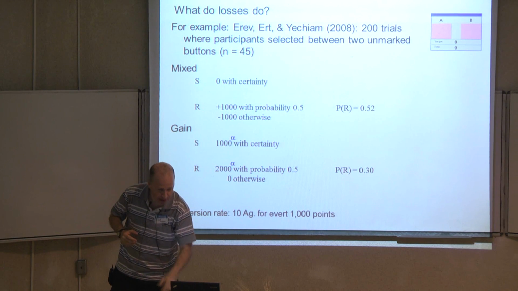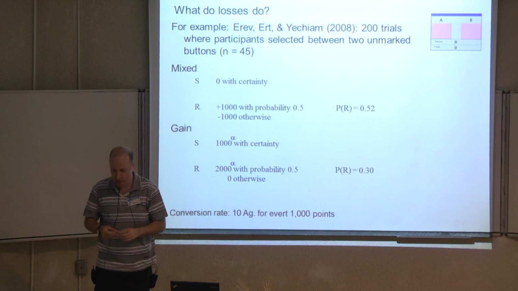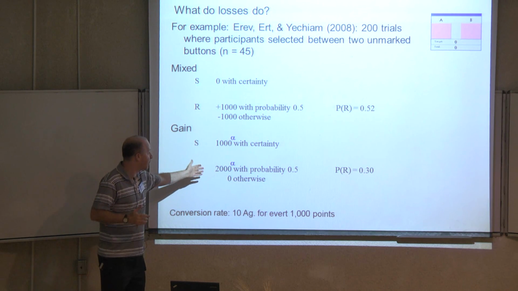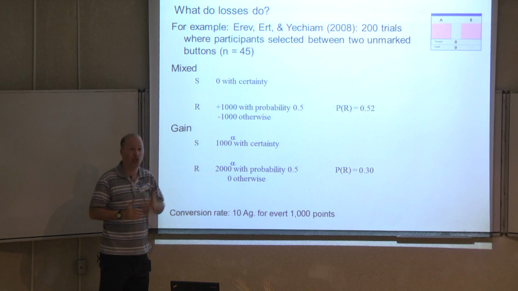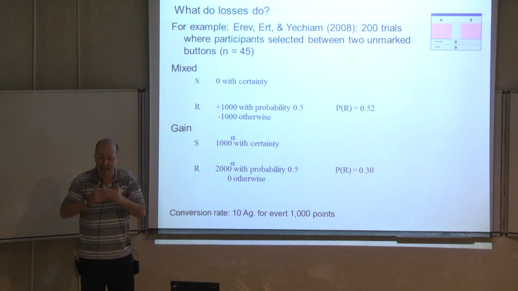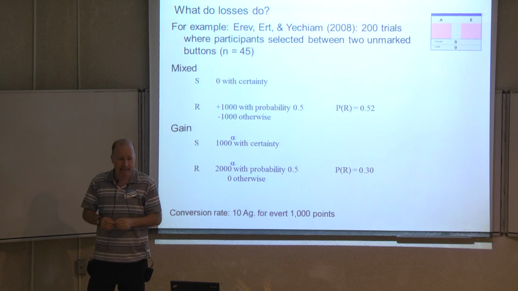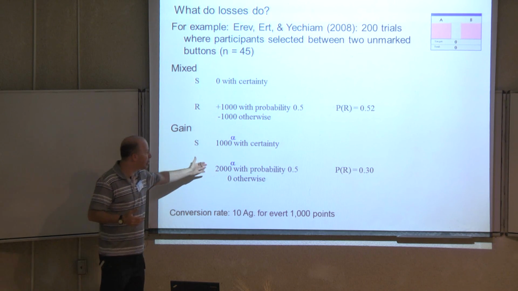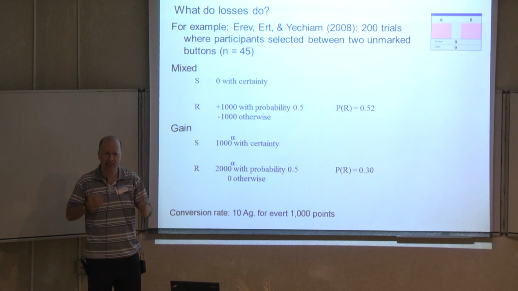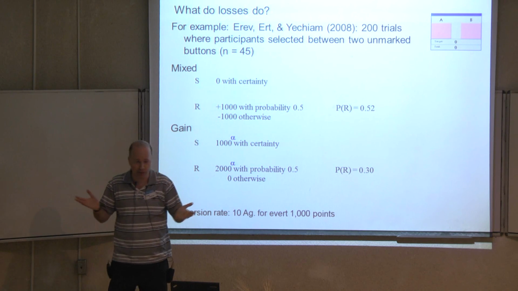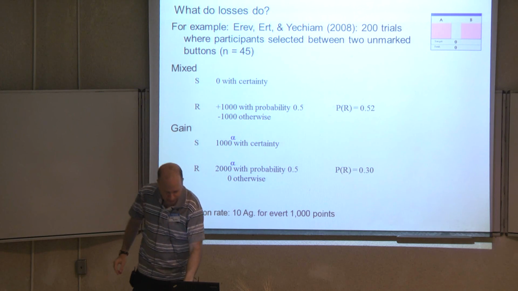If you believe in a Bernoulli utility function, then if a payoff is multiplied by 2, you don't like it twice as much. If you like it a little less, as if you raise everything to the power of alpha, with alpha between 0 and 1, then this 2,000 is discounted to some extent, and this could explain the difference between tasks. But it could not explain what is happening here. Why do people still continue to take risk when risk involves losses?